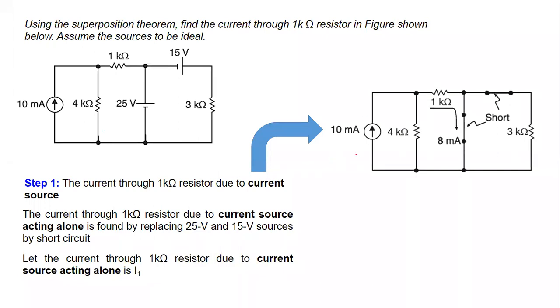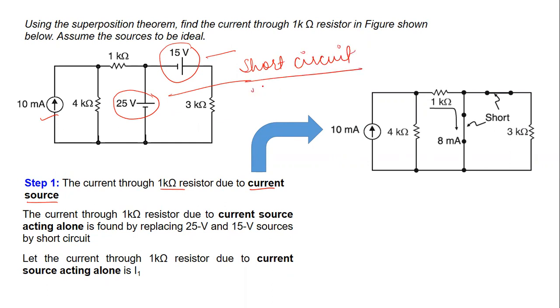So the circuit is redrawn here. The first step is to find the current in the 1 kilo ohm resistance due to this source. So we will replace this 25-volt and this 15-volt source with a short circuit, because an ideal voltage source has zero resistance.